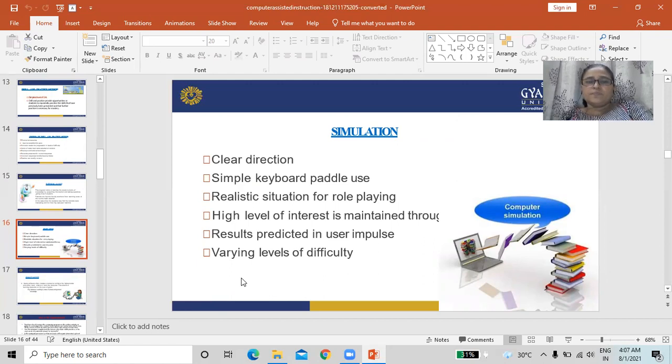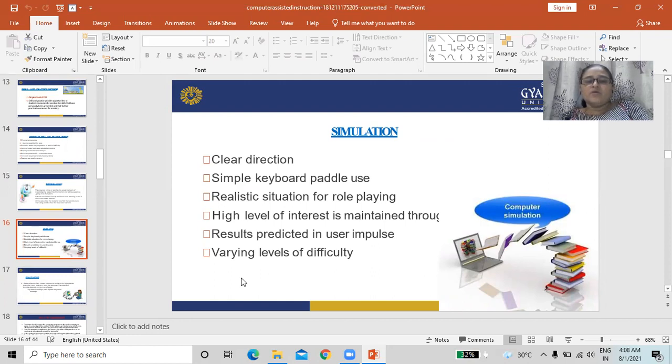Simulation: clear direction, simple keyboard or pedal use, realistic situations for role playing.